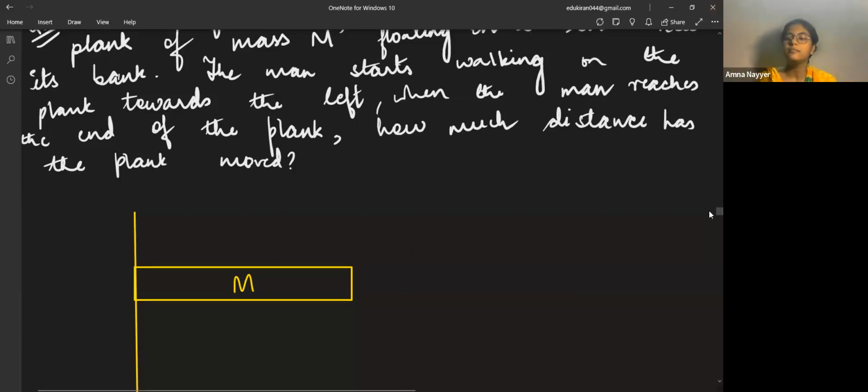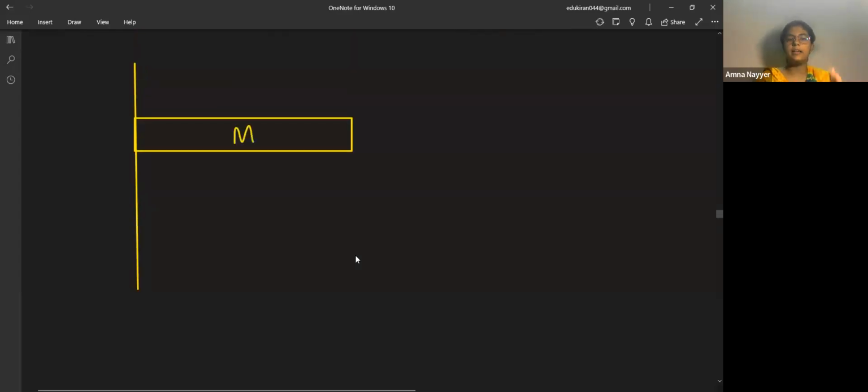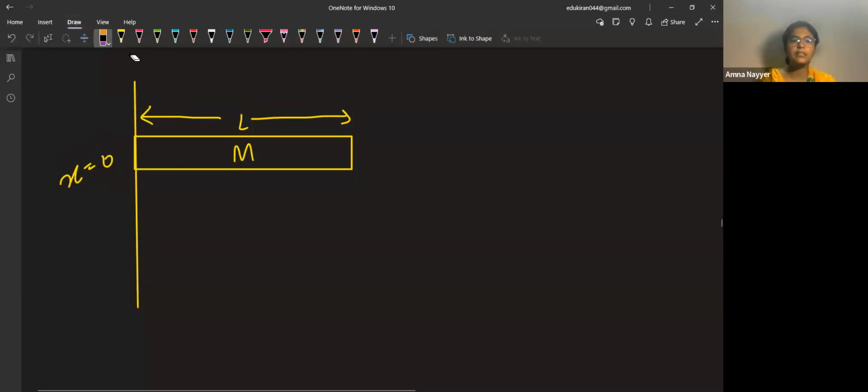See here. This is the end. Let me take this as origin, so this becomes x equal to 0. The length of the entire plank is L. Now, suppose the center of mass of this plank is here. This is the center of mass, fine?